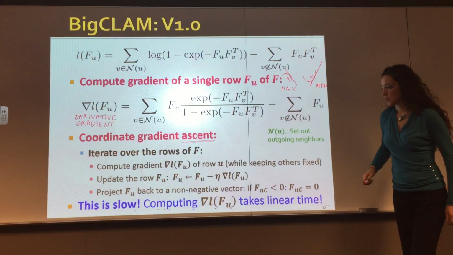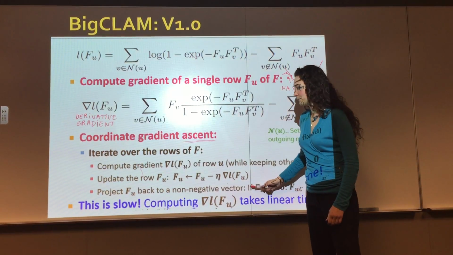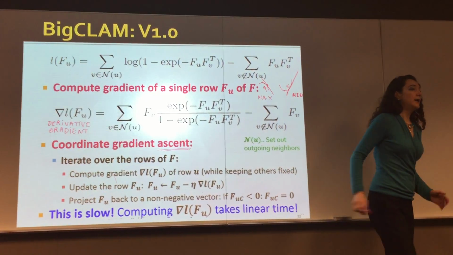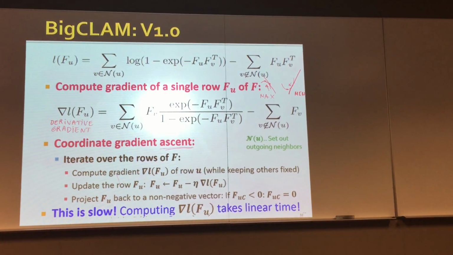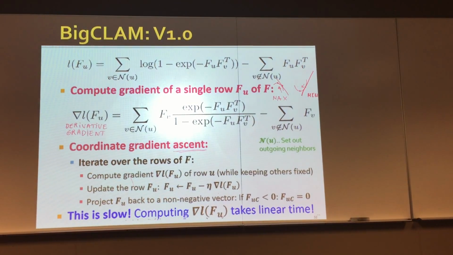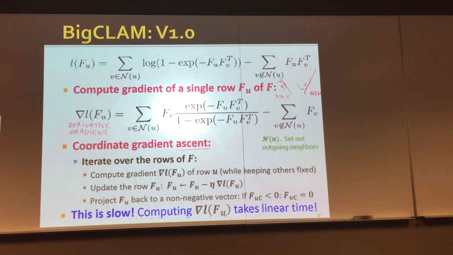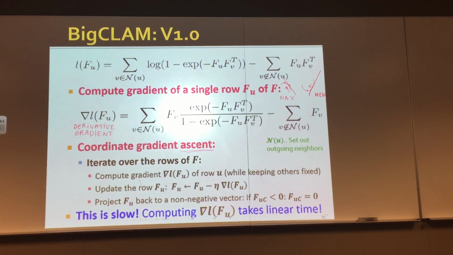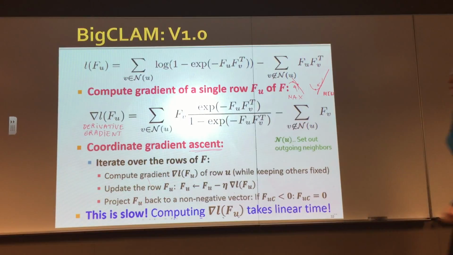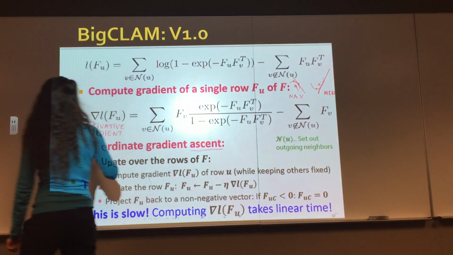And when they stop changing anymore, it means that we have reached the highest point and our algorithm has converged. So this is the derivative of the log likelihood.